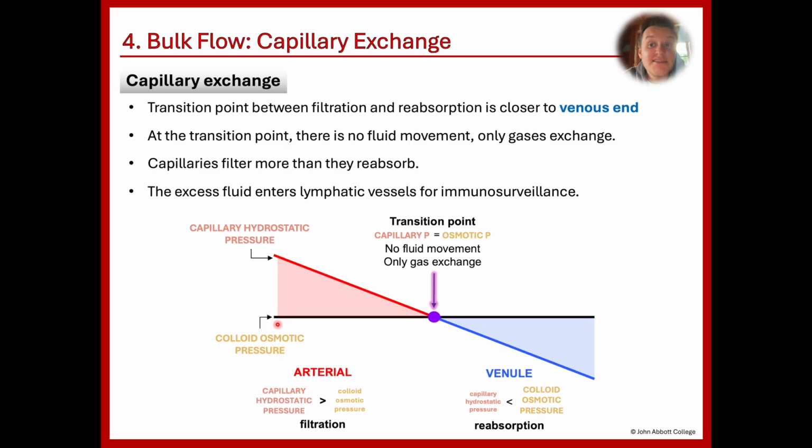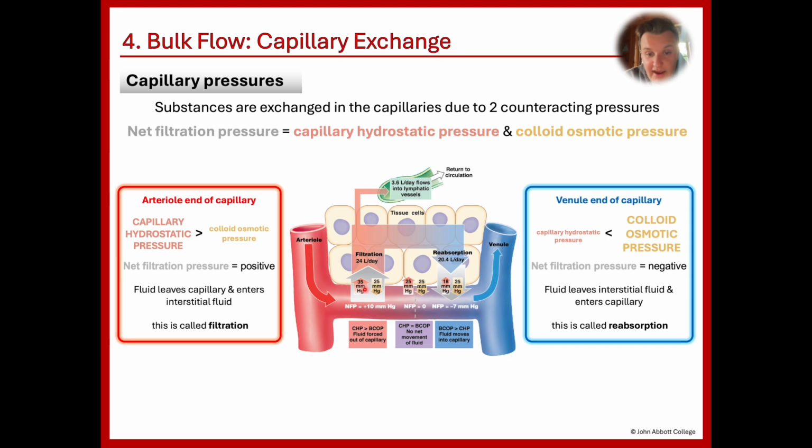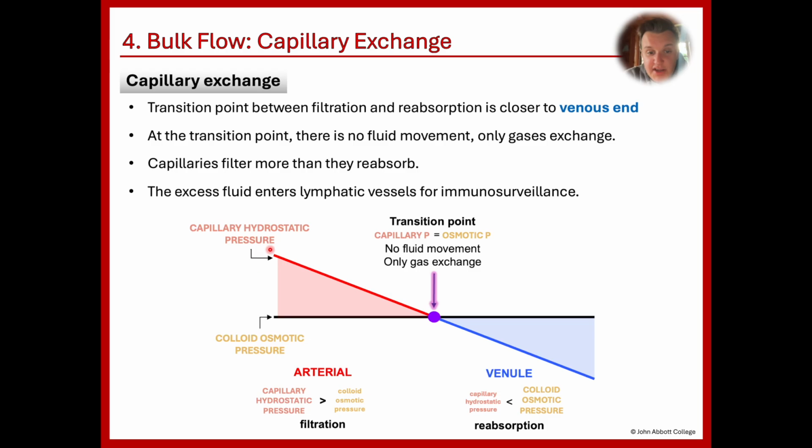And therefore at this end, this pressure wins. And you have filtration. You have this arrow because this pressure is bigger than this one, right? So you have filtration out of the blood into the tissues.